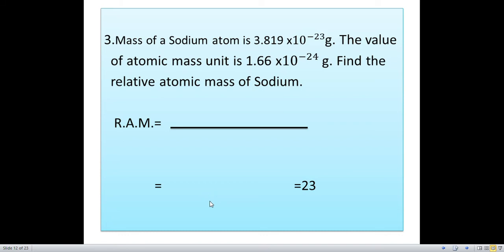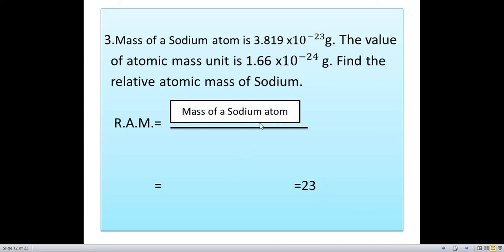Mass of a sodium atom is given as 3.819 × 10^-23 gram. The value of atomic mass unit is 1.66 × 10^-24 gram. You have to find the relative atomic mass of sodium. How do we calculate? What comes here? 3.819, that is the mass of sodium atom.